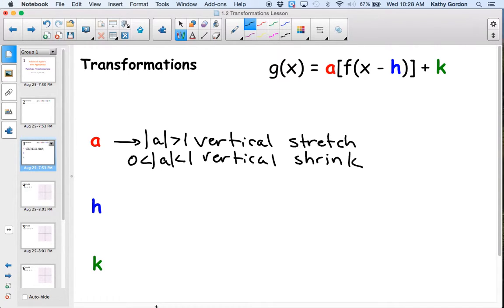Okay, so if the absolute value of A is bigger than 1, we're going to have a vertical stretch. If the absolute value of A is between 0 and 1, then we're going to have a vertical shrink. Okay, and then we usually say by a factor of whatever the A value was.